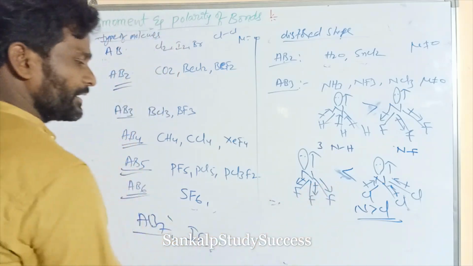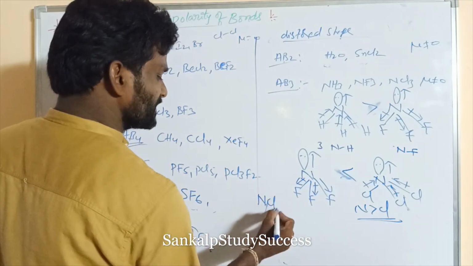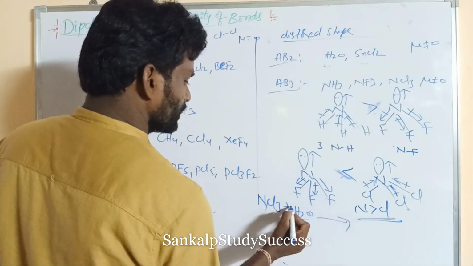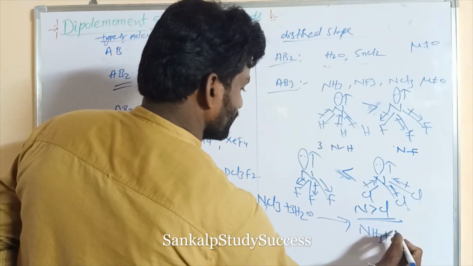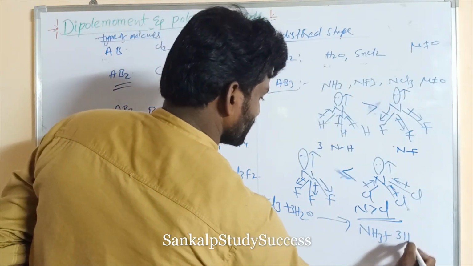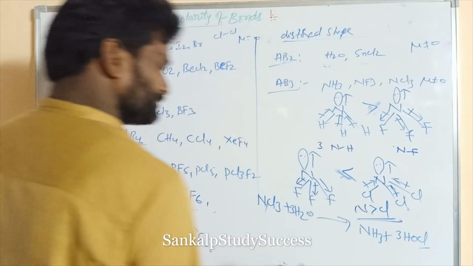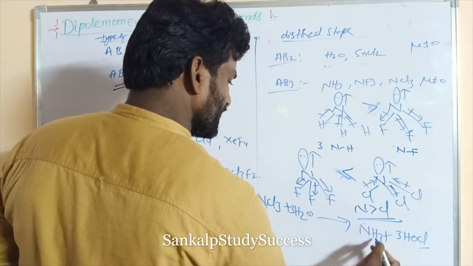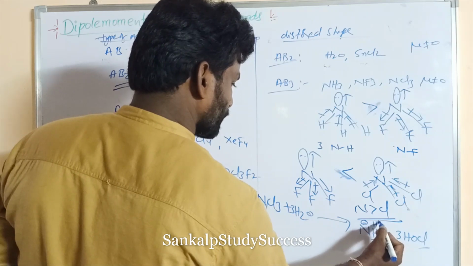That is important. For example, hydrolysis of NCl3 in water gives NH3 and 3HOCl. That means on the N side, H plus is added, so N carries a negative charge and H is positive.